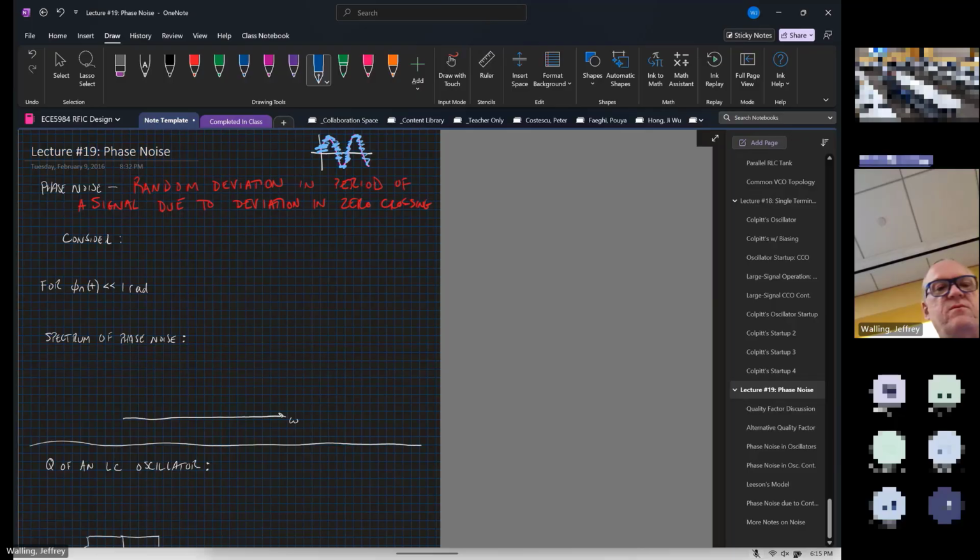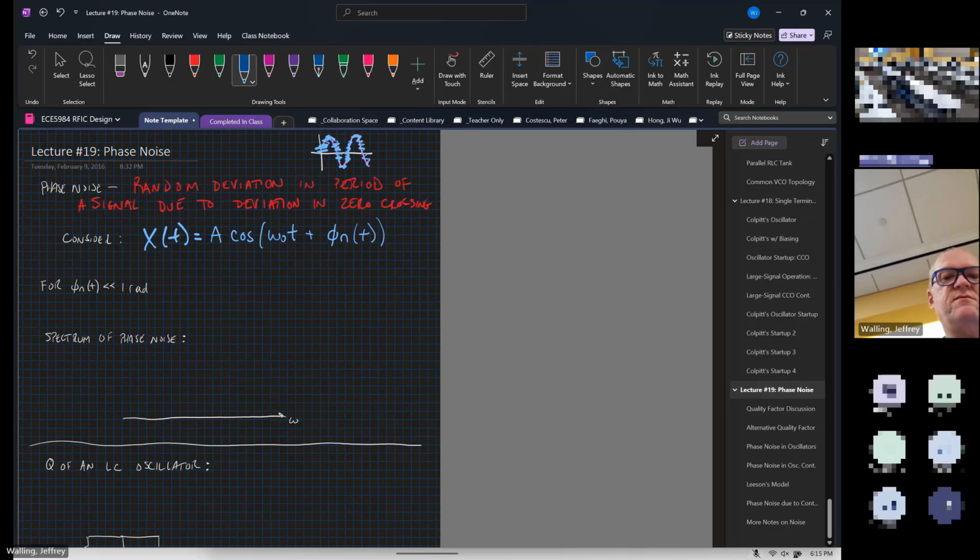All right, so let's consider a signal x(t) equal to A times cosine of (omega naught t plus some term phi sub n of t).